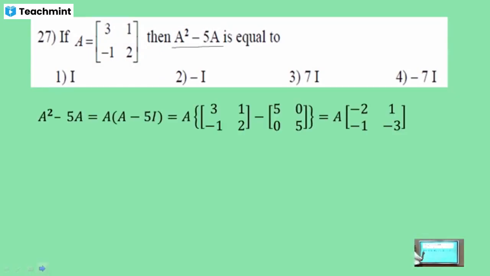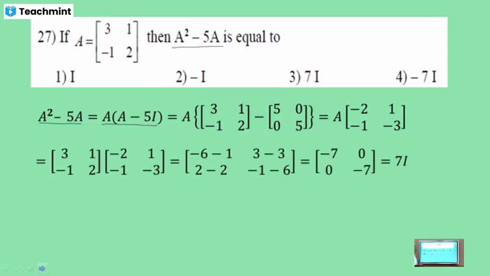As you know, A square minus 5A can also be written as A into (A minus 5I). A ಯನ್ನು ಕಾಮನ್ ಆಗಿ ಹೊರತೆಗೆದ್ರೆ A minus 5I ಅಂತ ಸಿಗುತ್ತೆ. A and outside, A minus 5 into the identity matrix is this one. So A into the new matrix, minus 2 1 minus 1 minus 3.